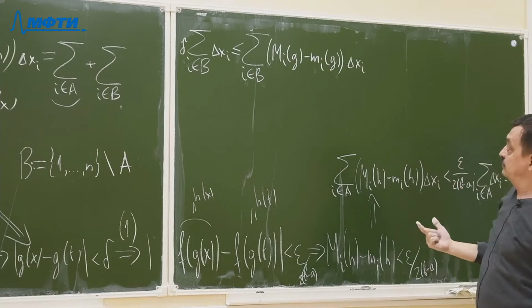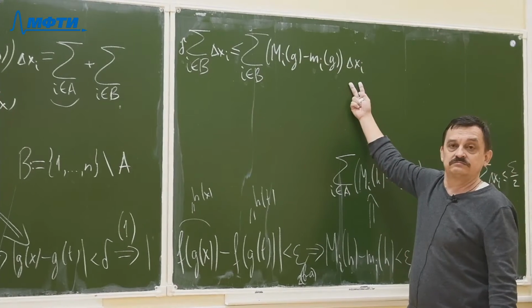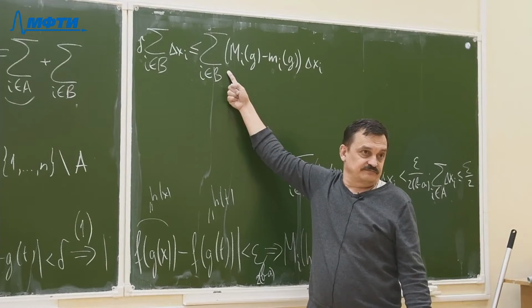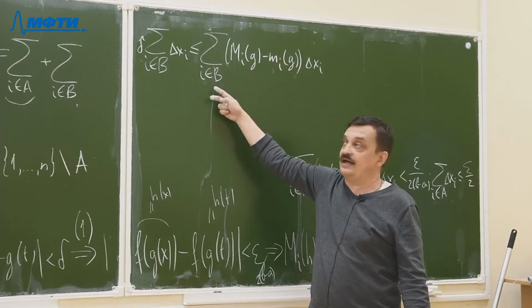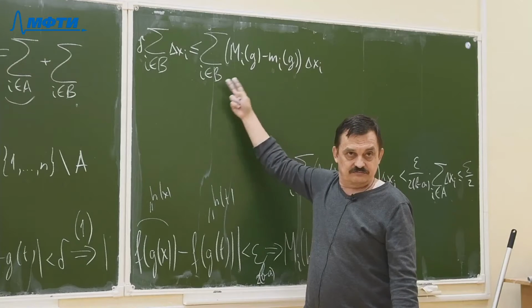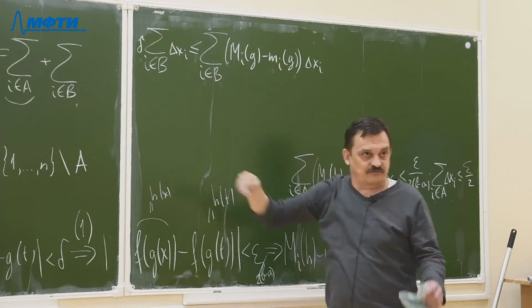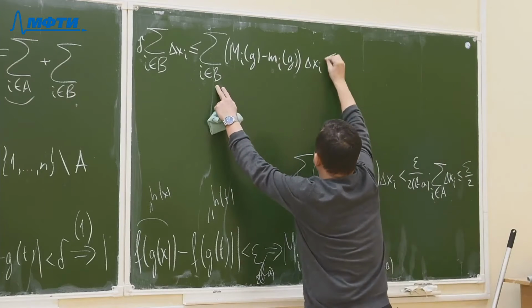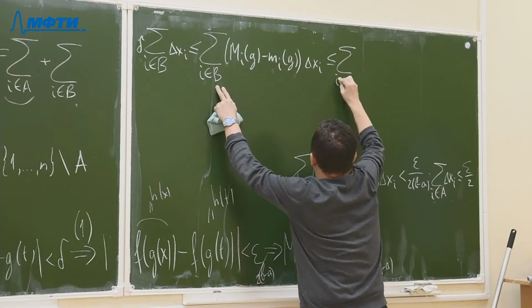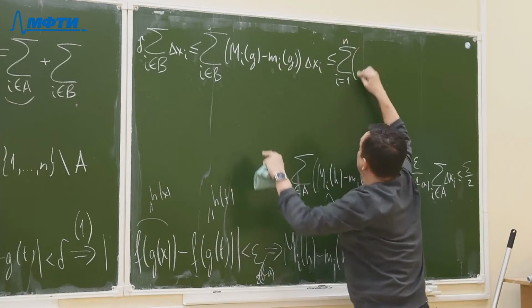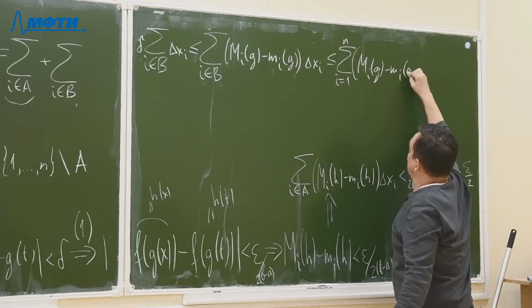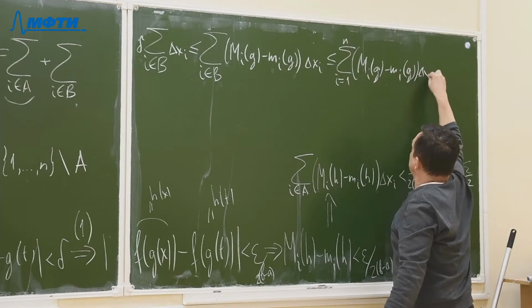Now look, we have a sum. Every term is non-negative. If I add all other terms which are not included, then of course it will be larger, right? So I add some other terms: less or equal to the sum for i from 1 up to n of (M_i of g minus m_i of g) delta x_i.